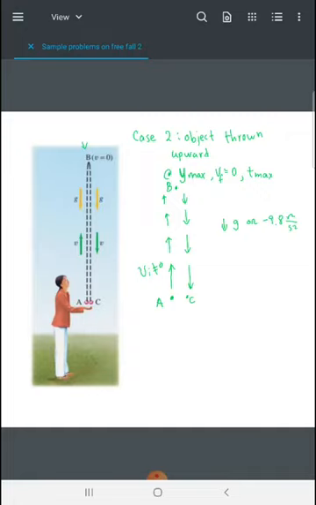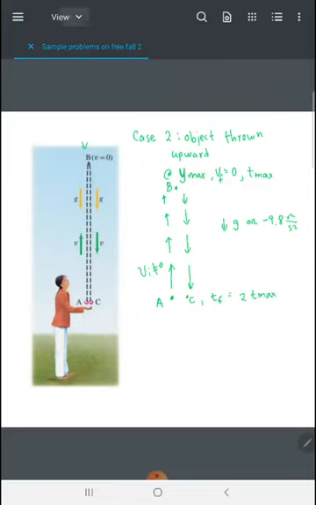Okay, so from A to B, gaano katagal yon? And then, yung time mo sa C, from A to B to C, tatawagin natin yung TF na lang. The final time, kung saan bumalik na siya sa original position, nalaglag na ulit siya. So, this is actually 2 times ng Tmax.